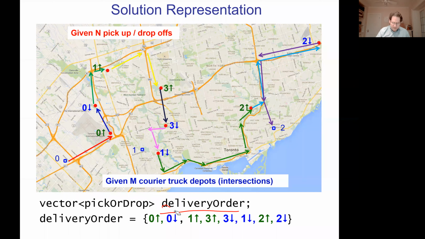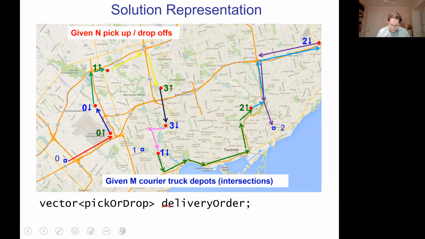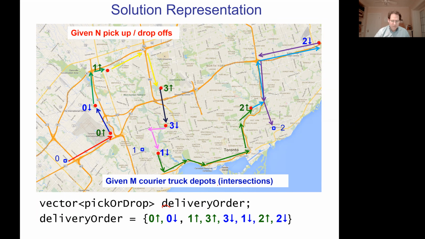And what does that look like? It basically means instead of storing all of these street segments, all these arrows that I've shown in the top, I just store a vector that gives me the order of my pickups and drop-offs. So this says, for example, for the path that I showed above, I actually pick up 0 first, drop off 0 next, pick up 1 next, pick up 3 next.